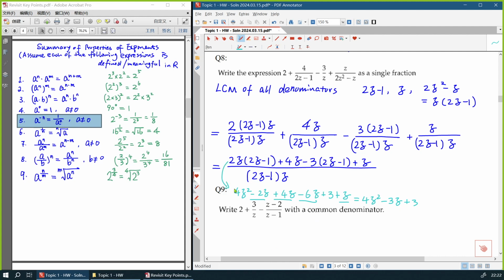That's the numerator. So eventually we will have a result that equals 4z squared minus 3z plus 3 over 2z minus 1 times another z, right? Can you follow me? That's the final result. So as long as you can rewrite this as a single fraction, you should be fine.